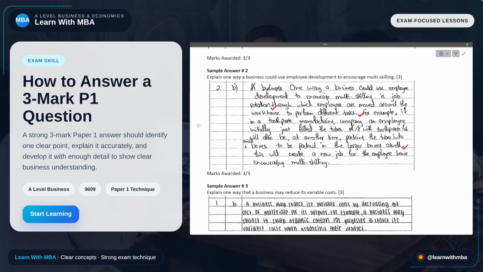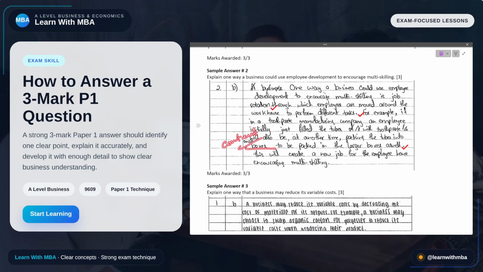He then moves on to apply it to the business context. He says that in the case of something like a toothpaste company, right? So he says, for example, if in a toothpaste manufacturing company, an employee initially filled tubes with toothpaste, will also be at another time packing the tubes into small boxes, right? So this is the context. This is limited application.